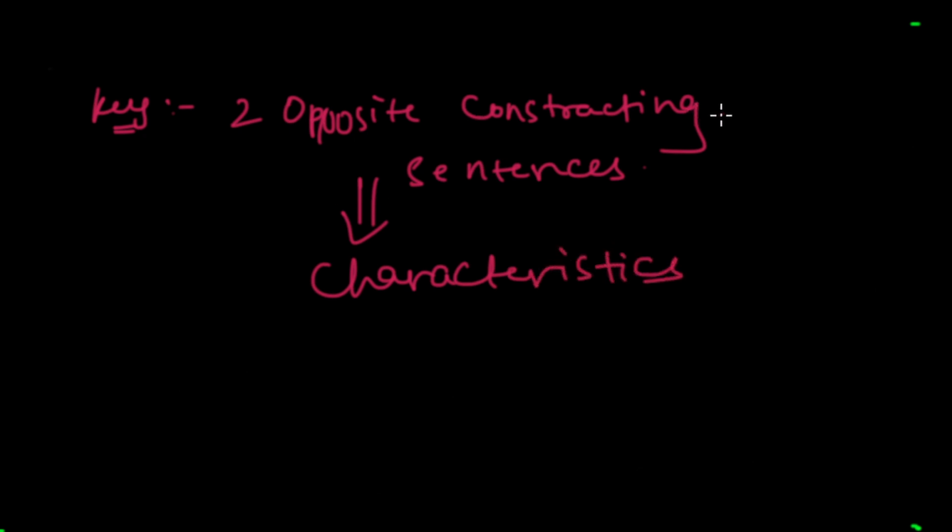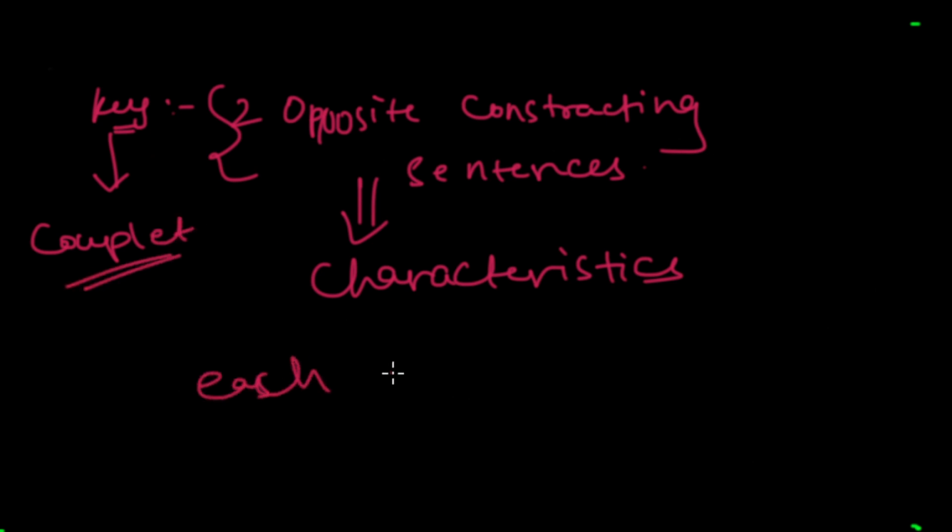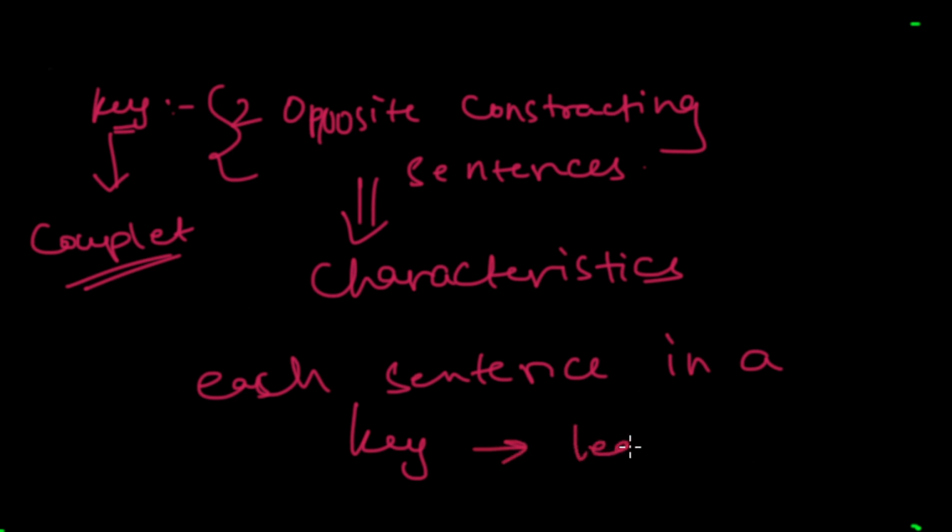These two sentences together are called a couplet in a key, and each sentence in a key is called a lead. So one lead should be in contrast to the other lead in a couplet.